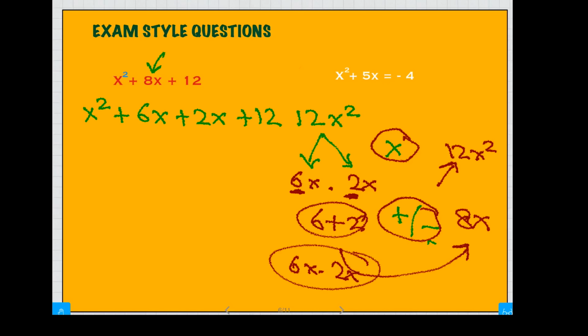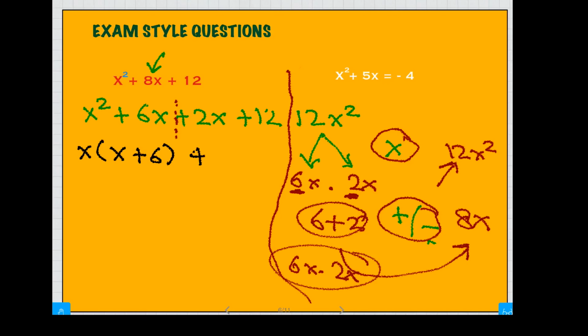The next step, I'm going to draw a dotted line here and factorize these two expressions separately. x square plus 6x, so I can take x common out, leaves me with x plus 6. And with the next one, 2 common out, x plus 6.